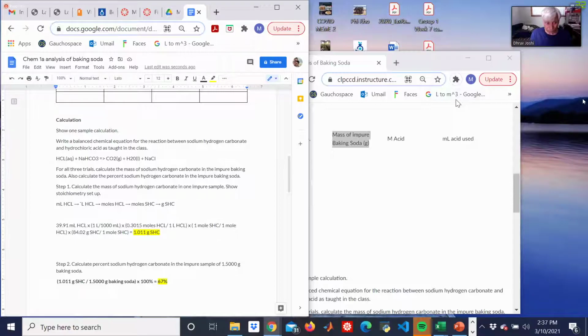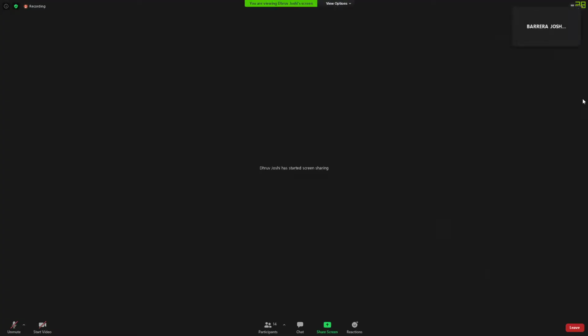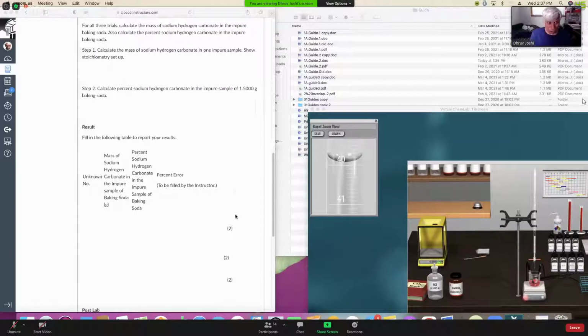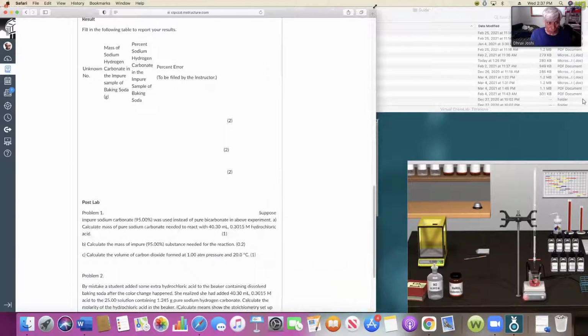All right. Now the next part. So let's go down there. The result is going to be this. This table got discombobulated here, but you will have to figure out how to fix it. The table looks much better if I expand it. So: unknown number, mass of sodium hydrogen carbonate.